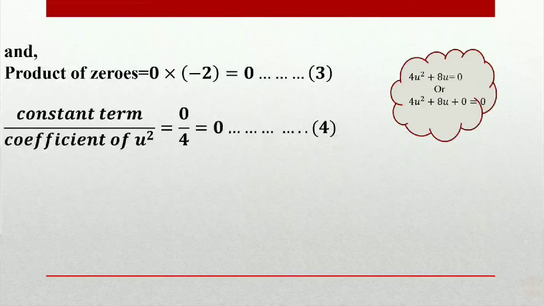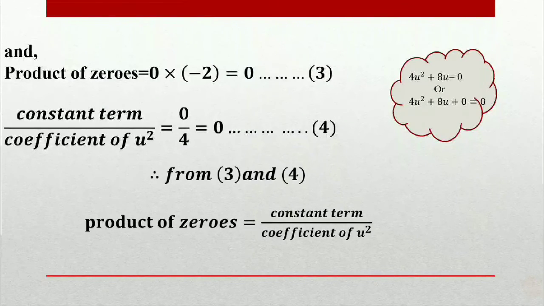Now give it as equation number 4. Therefore, from 3 and 4, we get product of zeros is equal to constant term upon coefficient of u square. Hence, both relationships between coefficients and zeros are verified.